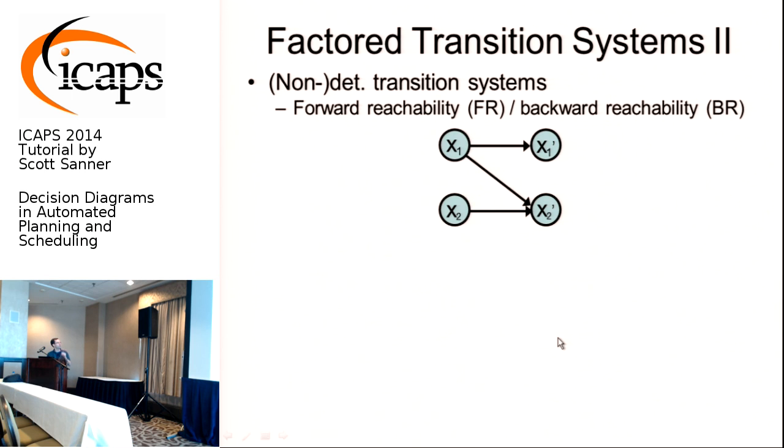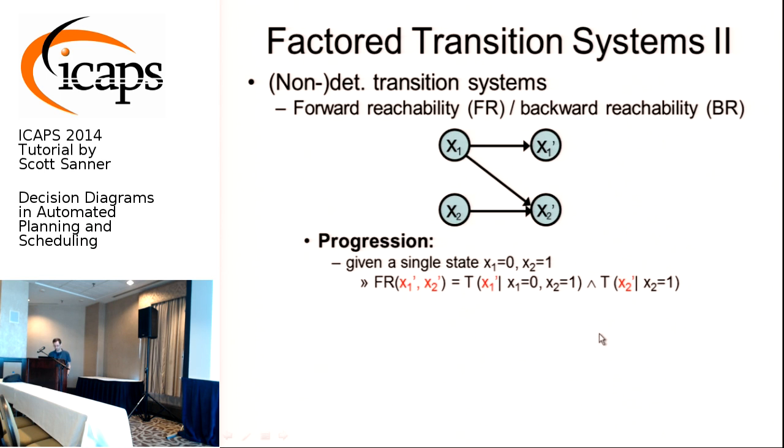Now what do I want to do with it? In non-deterministic transition systems, you often want to compute forward reachability or backward reachability. So let's say I'm in state x1 equals 0 and x2 equals 1. That's my current state. I want to say what next states x1 prime, x2 prime are possible. Okay? So forward reachability over x1 prime and x2 prime. What values x1 prime and x2 prime are possible can be represented in this way.